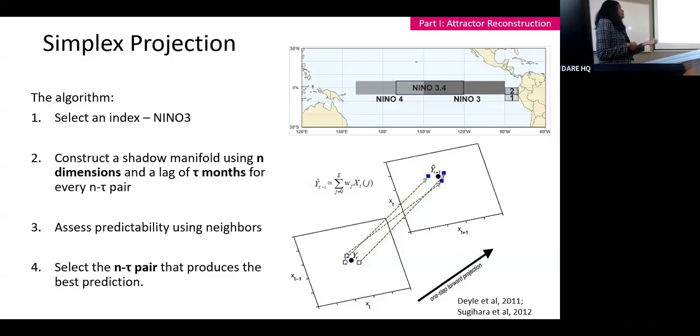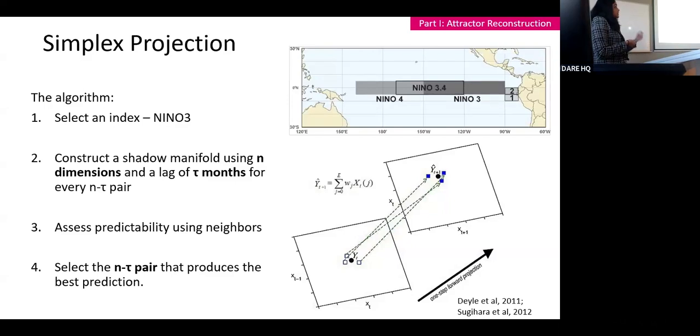We then do this lagging procedure and make that structure for 1 to n number of dimensions. We tested up to 9, and you do these lags for each one.